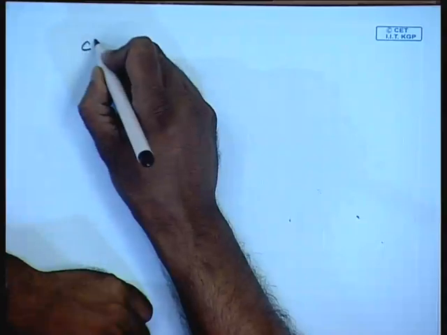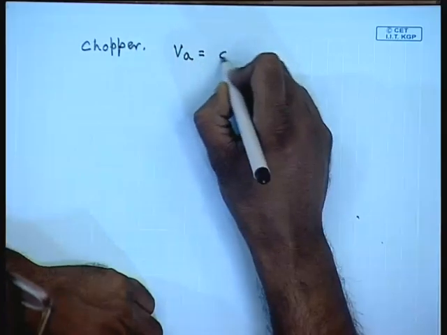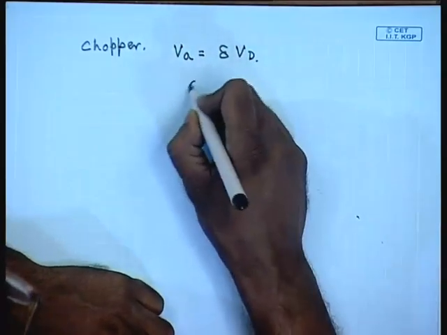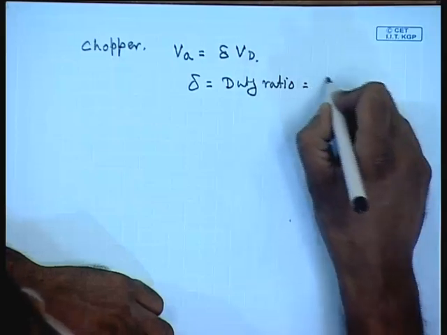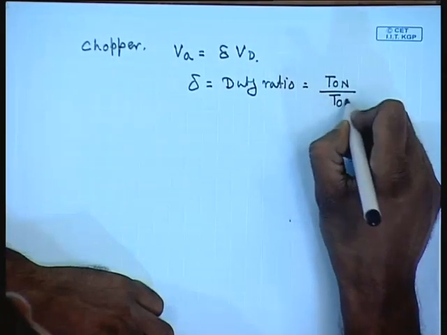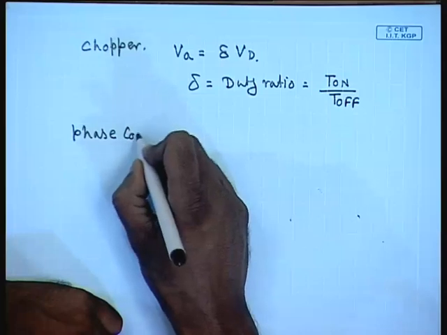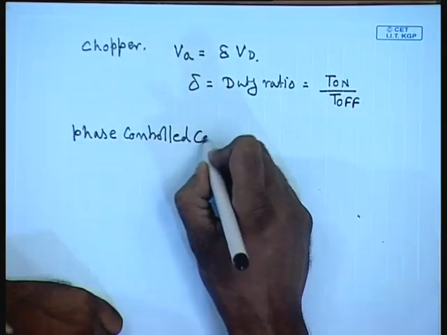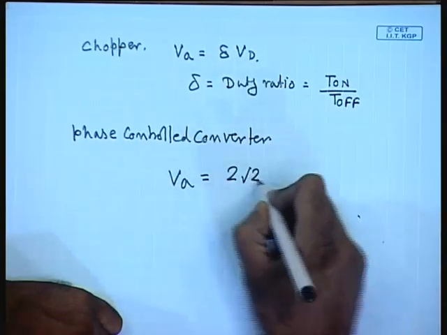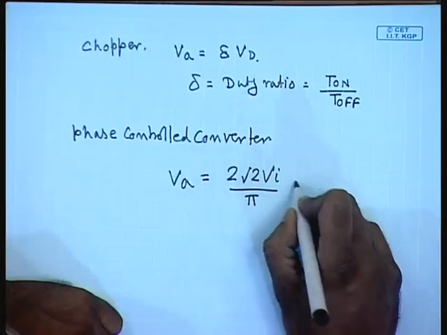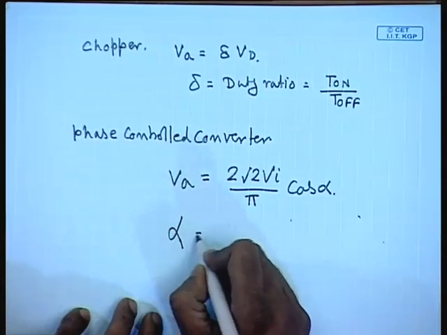For the chopper, average applied voltage VA equal to delta VD, where delta is the duty ratio equal to T on by T. For the phase controlled converter, the second one, VA equal to 2√2 Vi by pi cos alpha, where alpha is called the firing angle.